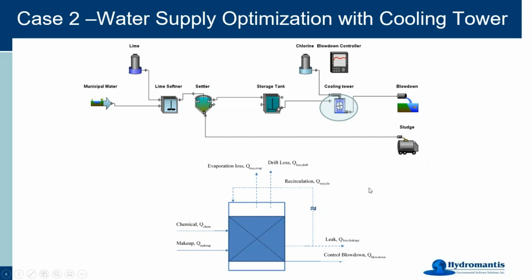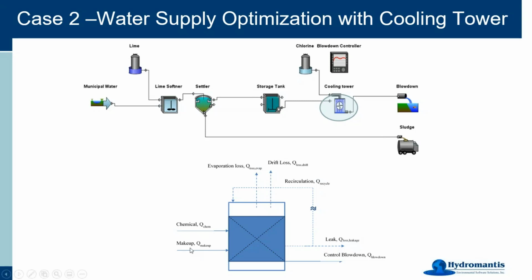So in this particular case, the makeup water, of course, is required, and the quality of the makeup water is really important. Depending on the quality of the makeup water, it really becomes a question of how much water you will actually need. The more contaminated water you have, the more quantity you will need. The more pure water you have, the less water you will need.